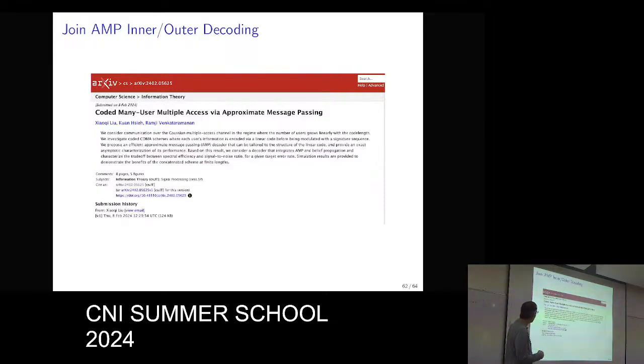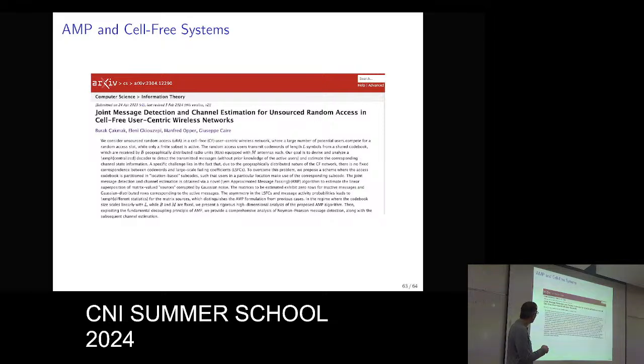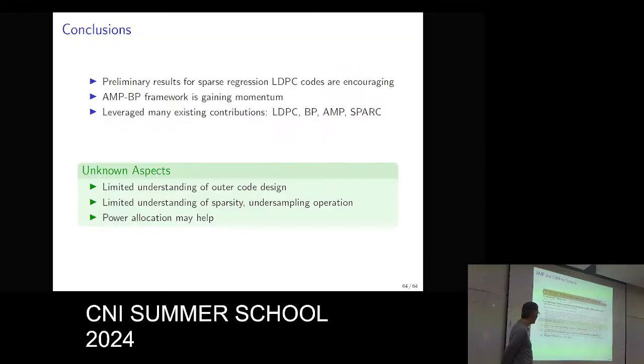If you look at the timestamp, this was just submitted and will be presented at ISIT next month. It was initially submitted in 2023 but revised just recently in 2024. So we're talking about ongoing research.